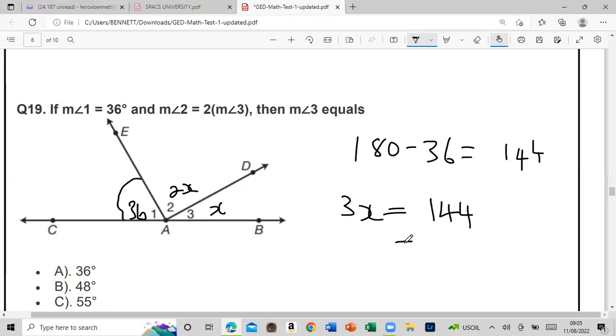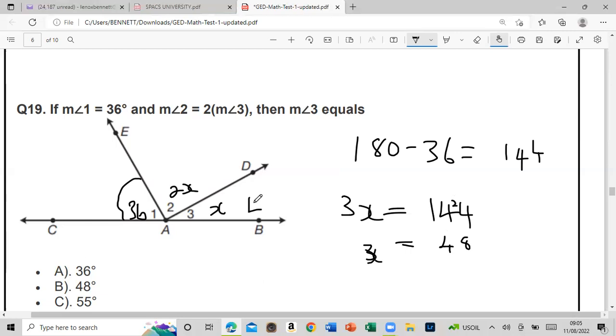So we add these two and we divide 3 into 144 to find the value. So 144 divided by 3. 3 into that goes 4 times. 3 times 4 is 12, 24, so 48.